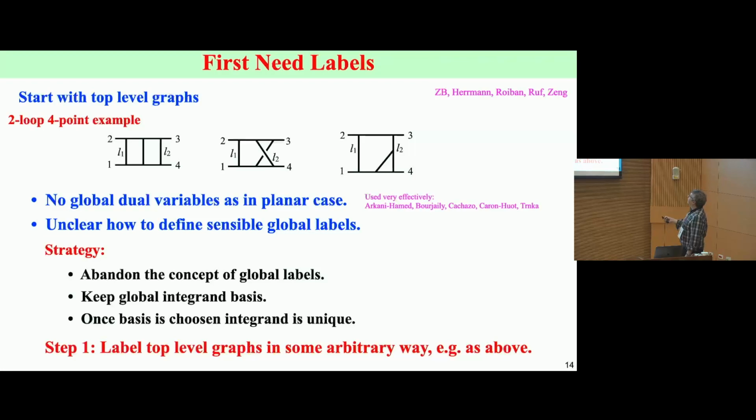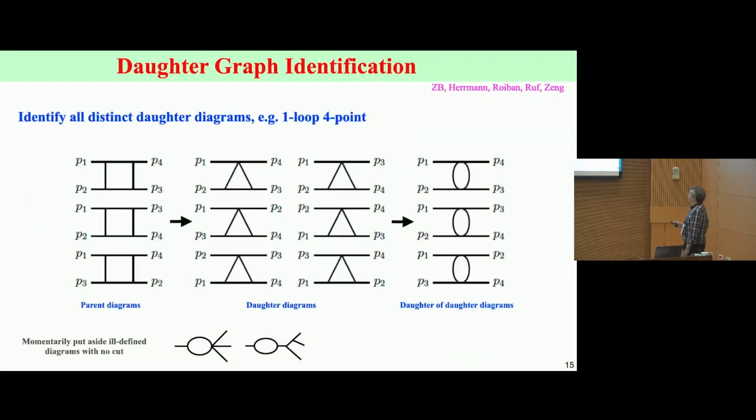Well, the first thing to construct this basis is to assign some labels as you like. The external momenta, let's leave those labels fixed. Internally, you just pick something. Then the next thing you have to do is organize diagrams in terms of parents and daughters.